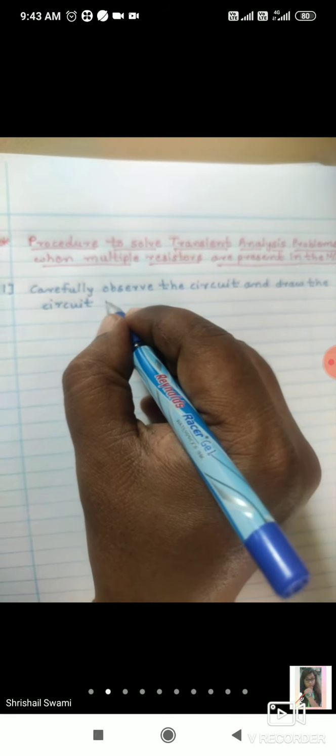First of all, carefully observe the circuit and draw the circuit according to the new position of the switch.